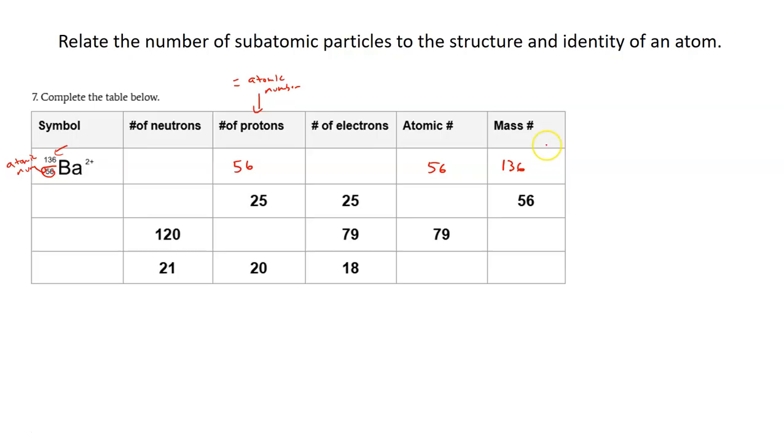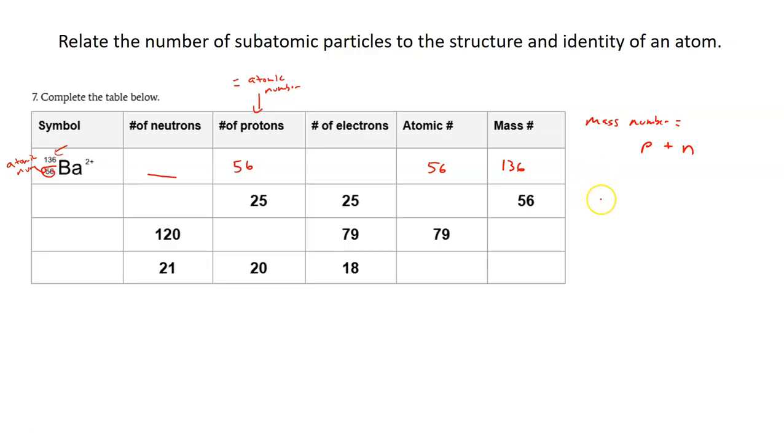Okay, so remember that our mass number is equal to protons plus neutrons. Okay, so that means that this total mass is equal to the number of protons, which is 56, plus whatever that number is.